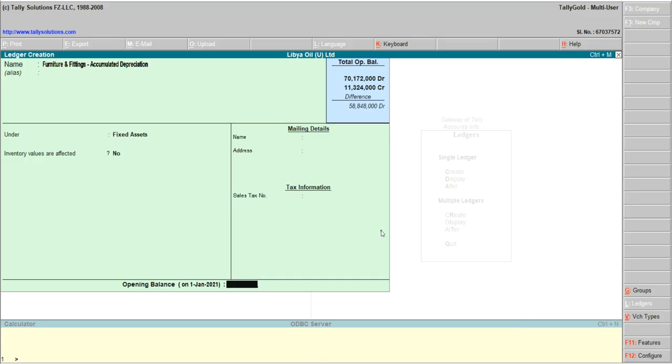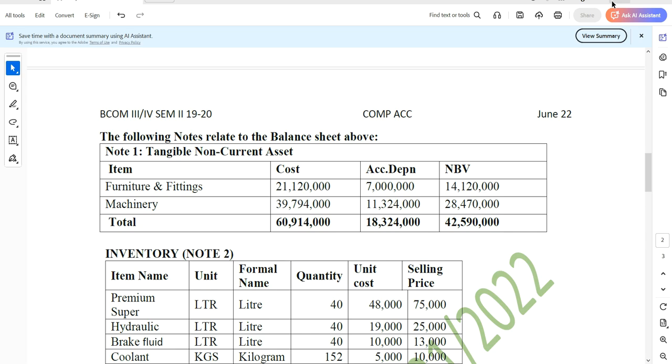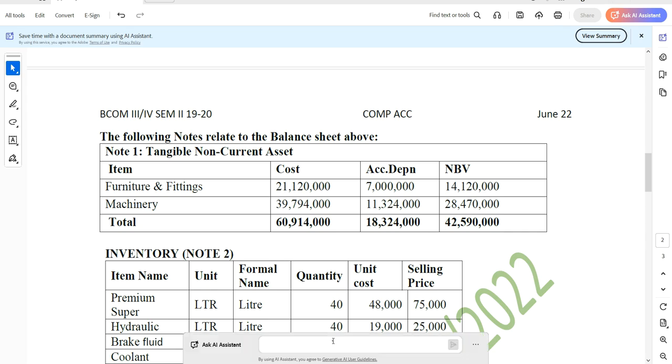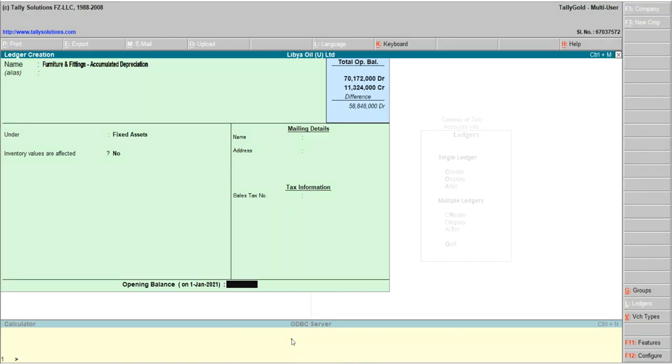How much is the opening balance? Machinery, sorry, furniture. This is 7 millions. Depreciation, furniture and fittings, 7 millions. Credit balance. Accept.